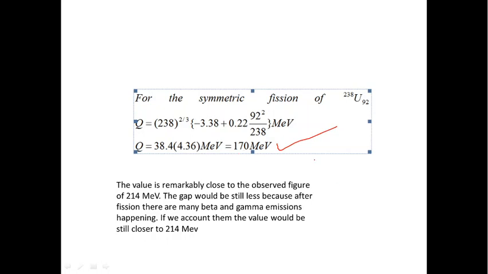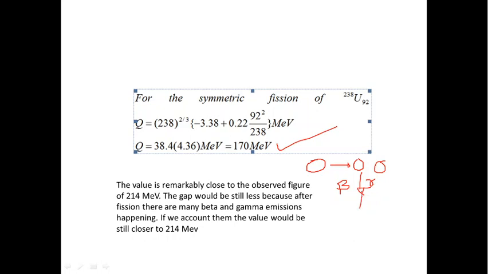Now, what happens in nature is that after a nucleus undergoes fission, it is not stable. So it will then release plenty of beta particles and gamma rays.